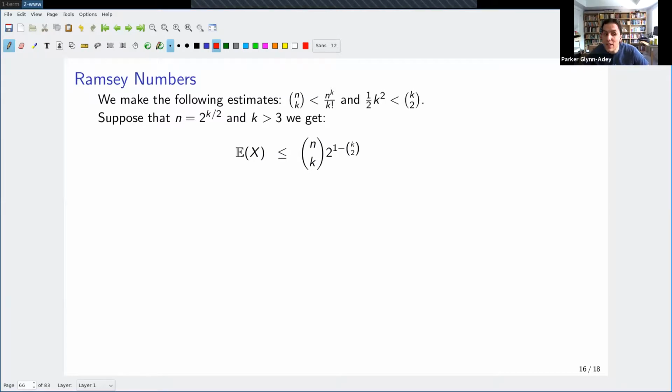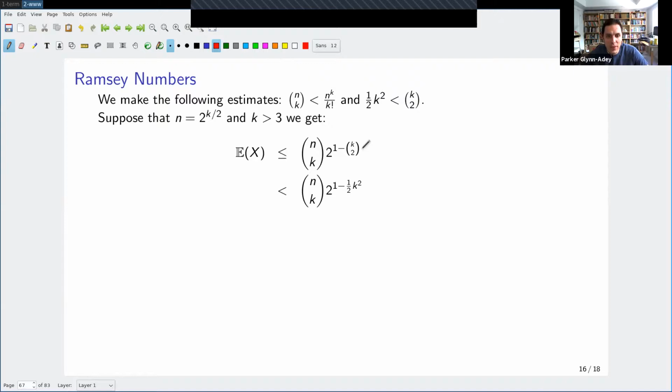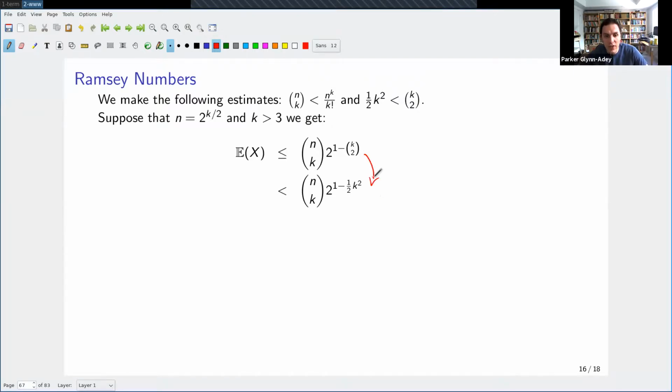From our previous slide, we have that the expected number of triangles is like this. We're going to replace this k choose 2 with a half k squared. So that's using our first estimate. And this is using our second estimate.